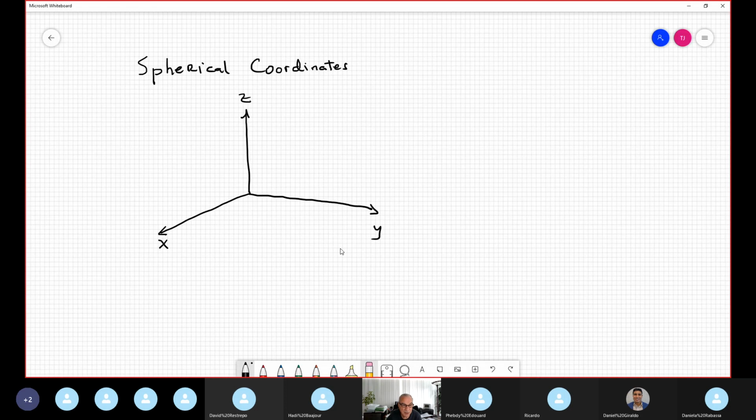Suppose that we have the classical three axes. Suppose that we have a point, P. So instead of defining P normally as X, Y, and Z, no. We are doing now a little bit like a polar. Look. We're connecting the origin to the point. And this segment is called rho.